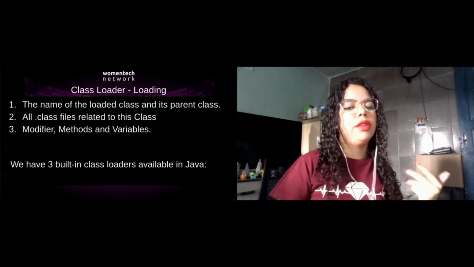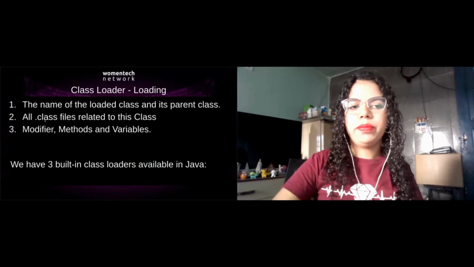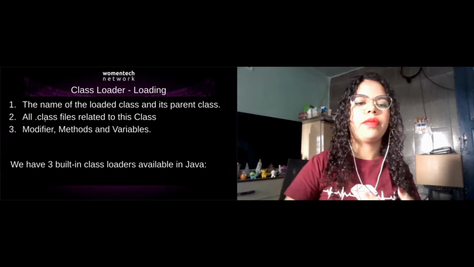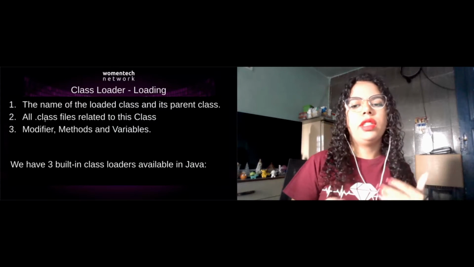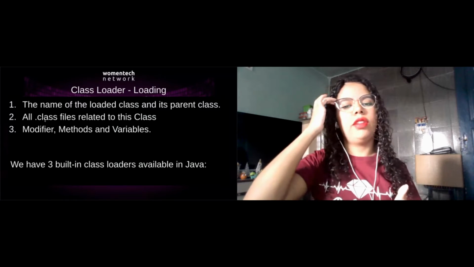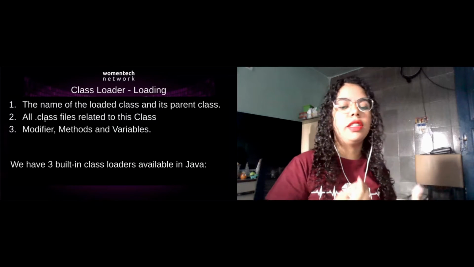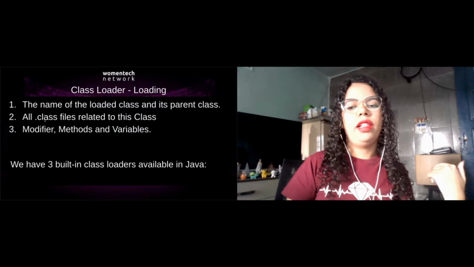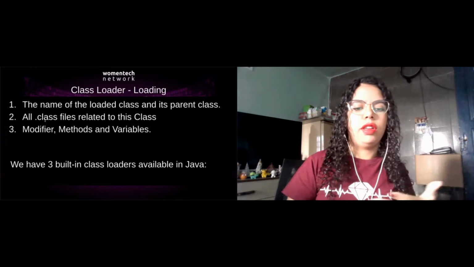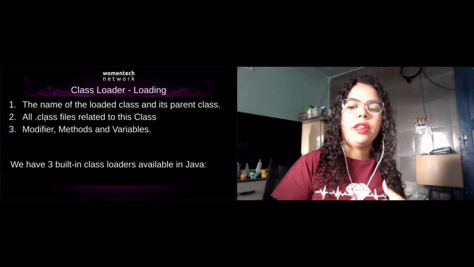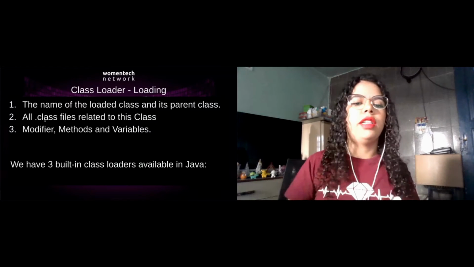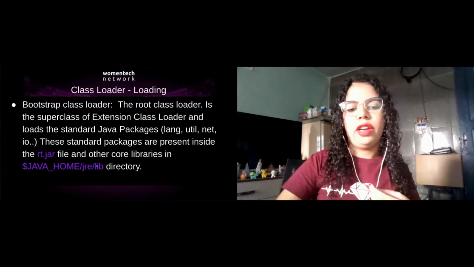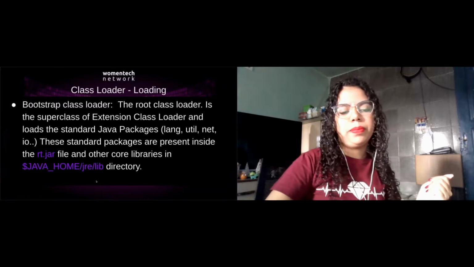And we have three built-in class loaders available in Java. The first is the Bootstrap class loader. The root class loader is the superclass of the extension class loader and loads the standard Java packages, lang, util, net, io, and others. These standard packages are present inside rt.jar and other core libraries in the Java Home, JRE, and /lib directory.